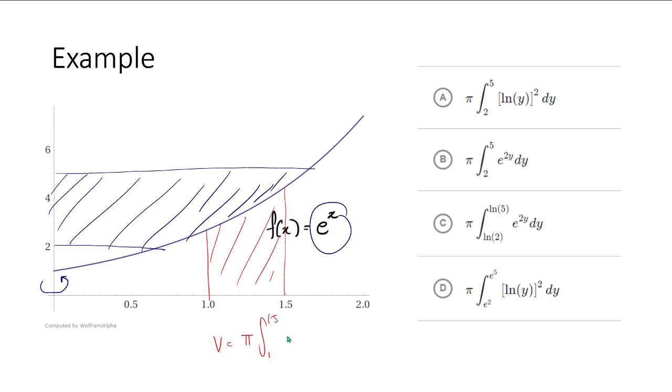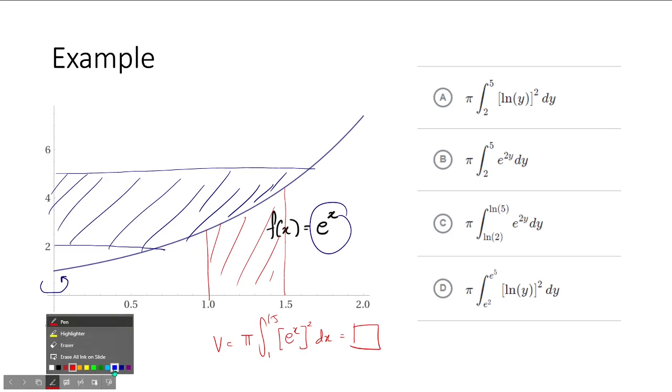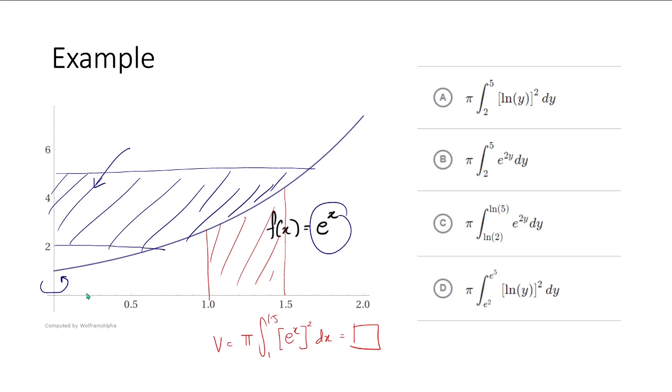And then what f of x just now, that's the f of x squared dx, and then find the answer here. But now we're trying to find the solid of revolution when it is revolving around y.